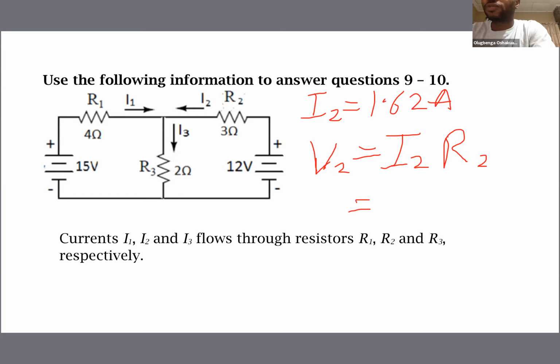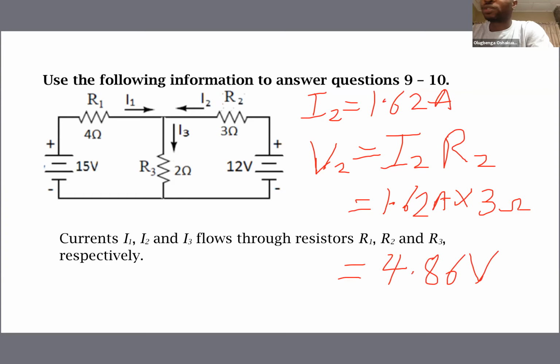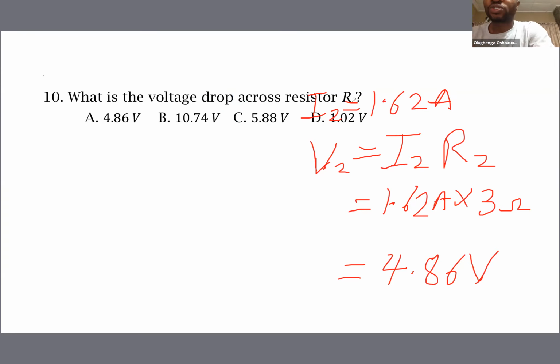So that will give us 1.62 ampere times 3 ohms. And multiplying the two together should give us 4.86 volts. And that is the voltage drop across resistor R2. And without looking for too many things, we have that in option A.